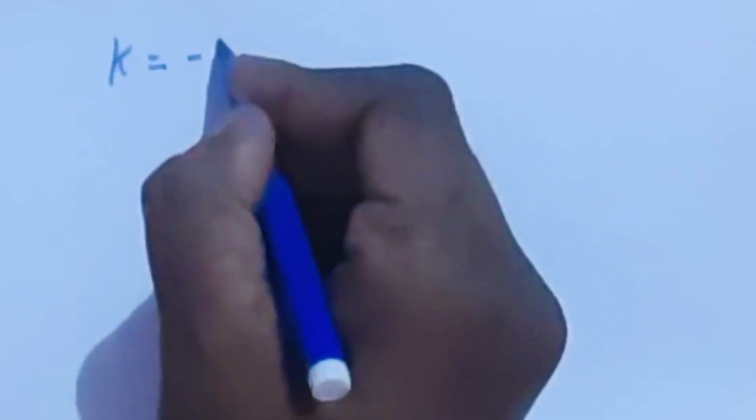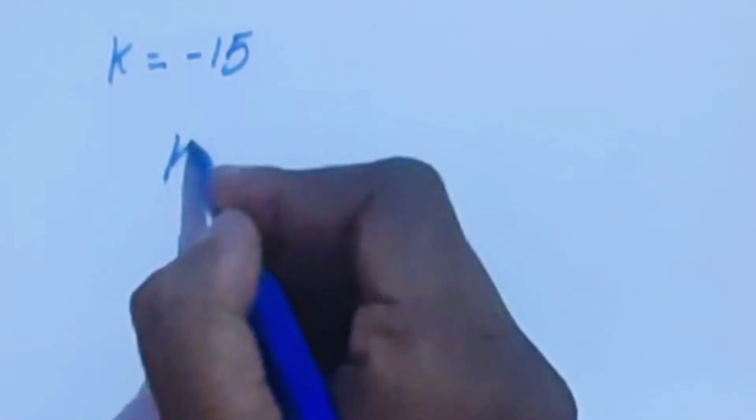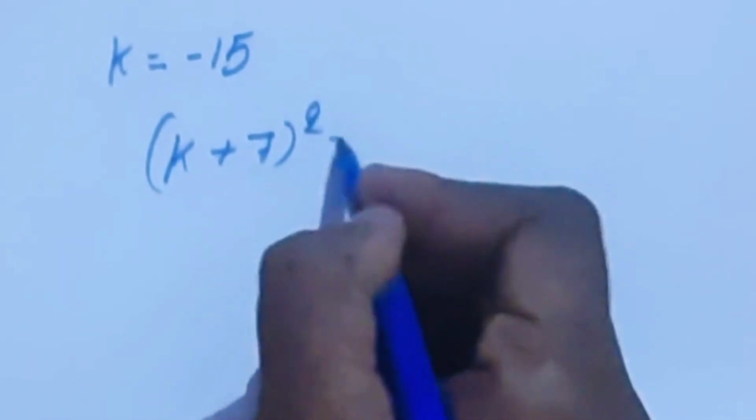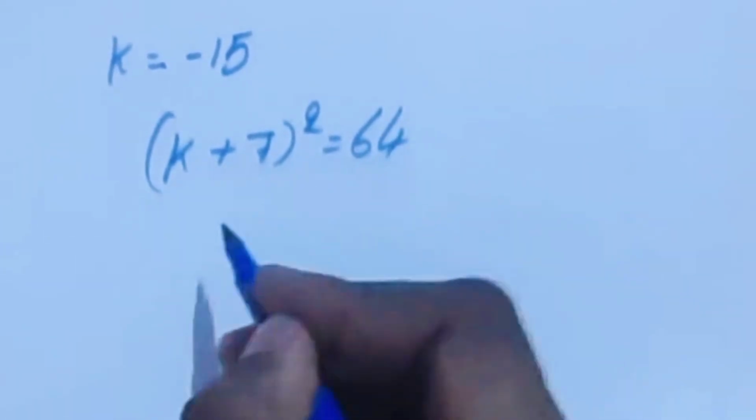Now here we are going to apply the other k value, k = -15. So here (k + 7)^2 = 64 becomes (-15 + 7)^2 = 64.